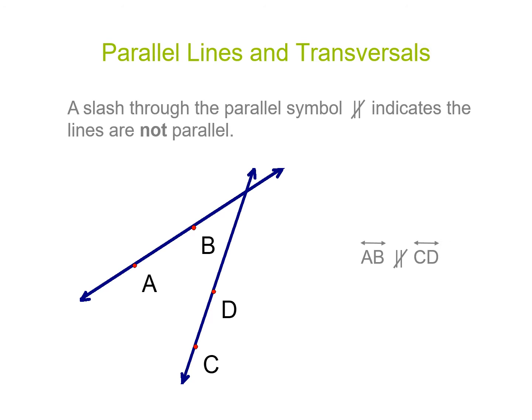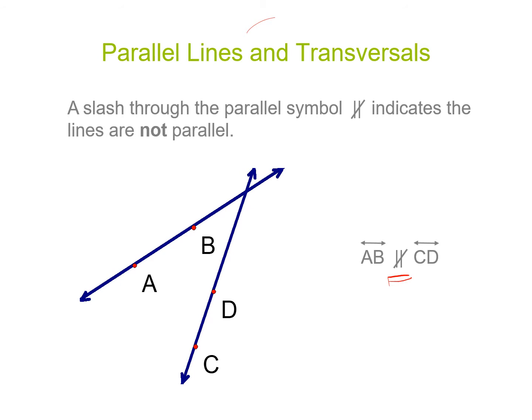So we're going to understand the concept of parallel lines and transversals. When we have a slash through the parallel symbol, as you can see here, it indicates the lines that are not parallel.